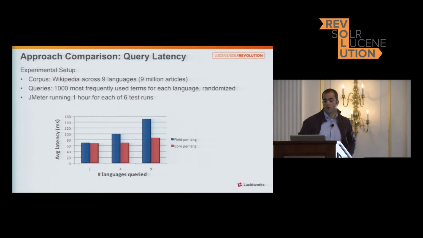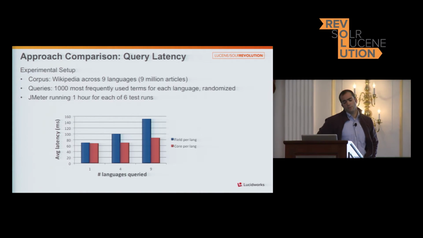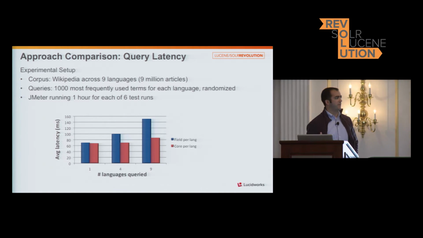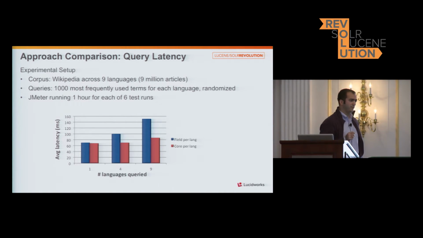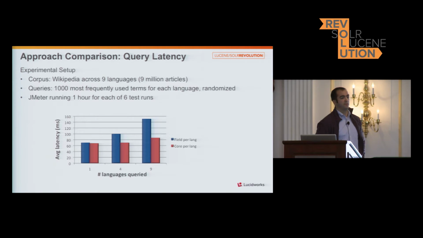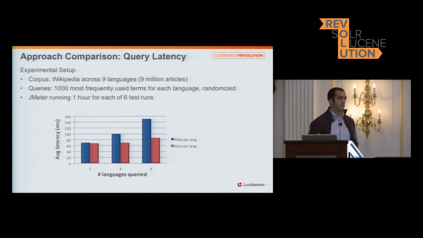There are about 9 million articles that I indexed. In terms of amount of data, maybe it was 250 to 300 gigs, I think. Probably not big data by anyone's definition today, but maybe 10 years ago. But still, I think big enough for an experiment and to get some meaningful results.